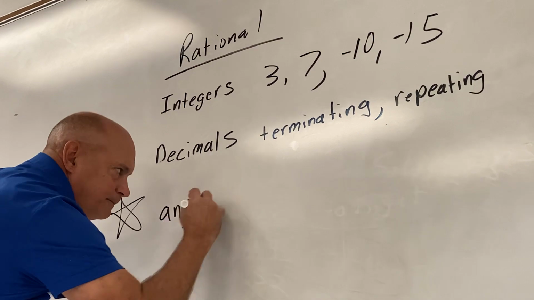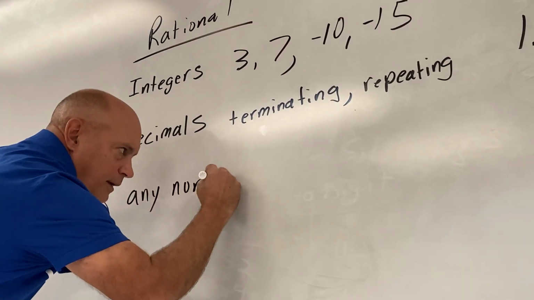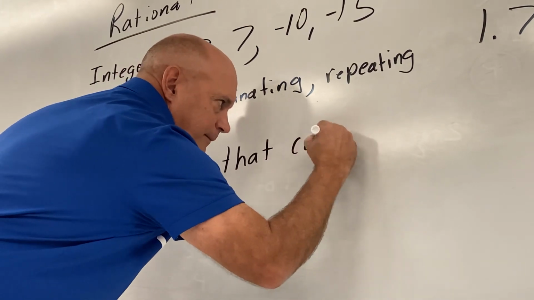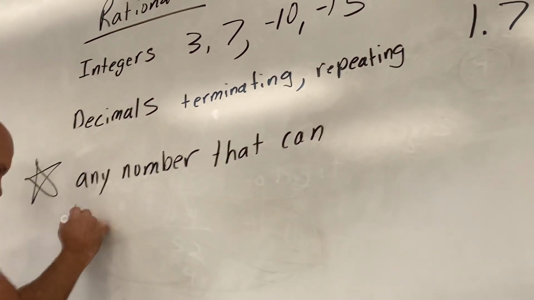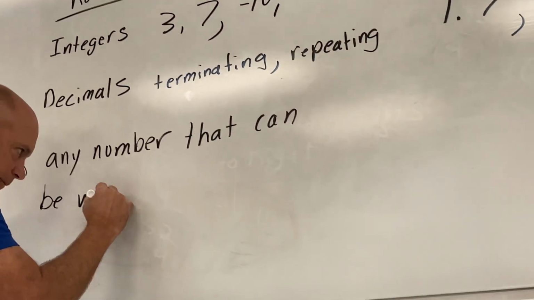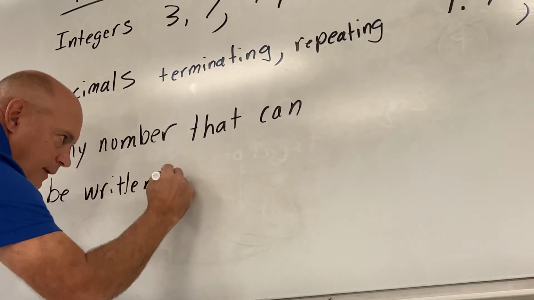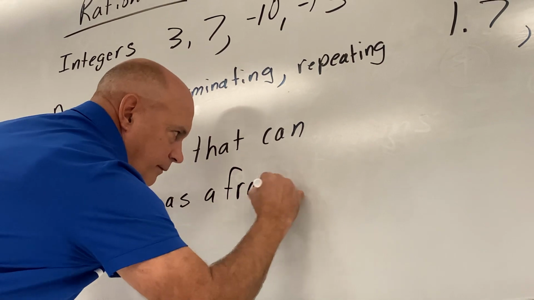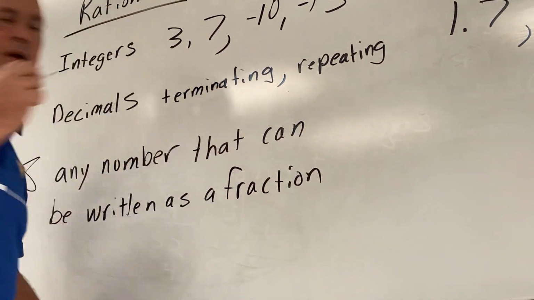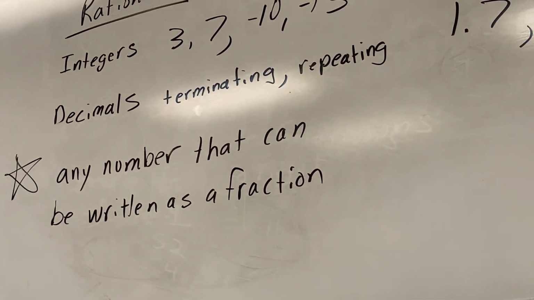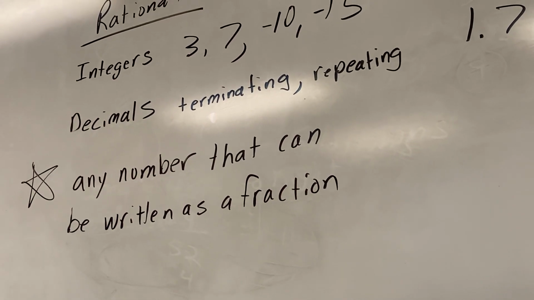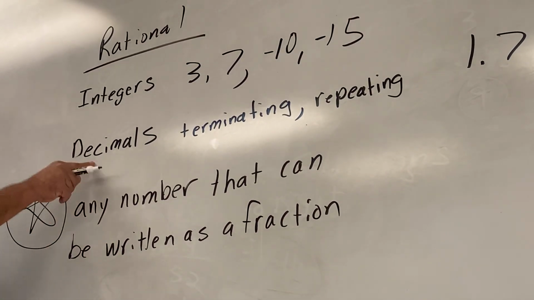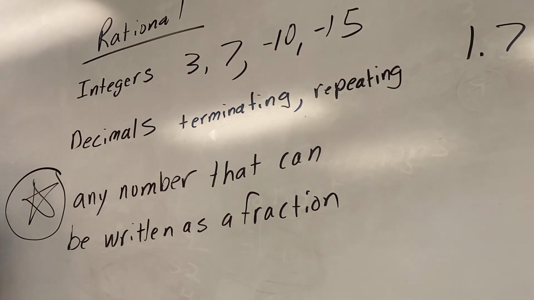Any number that can be written as a fraction. That is the best definition for a rational number. Winner, winner, chicken dinner. All of these are fractions.